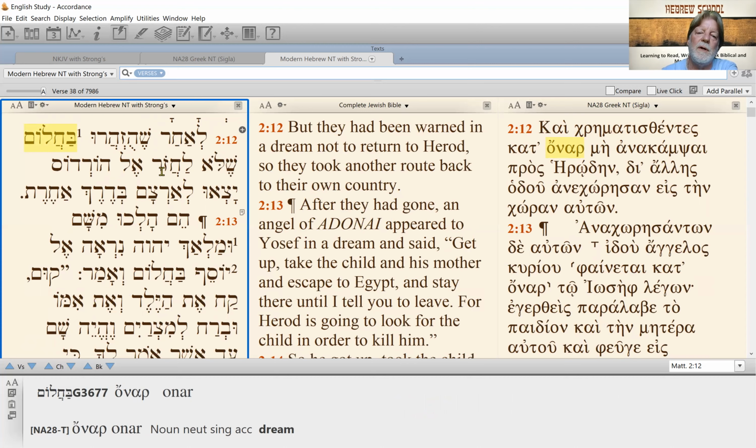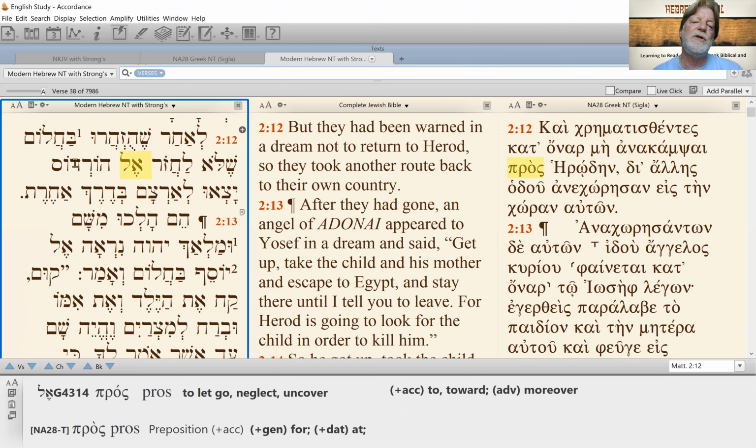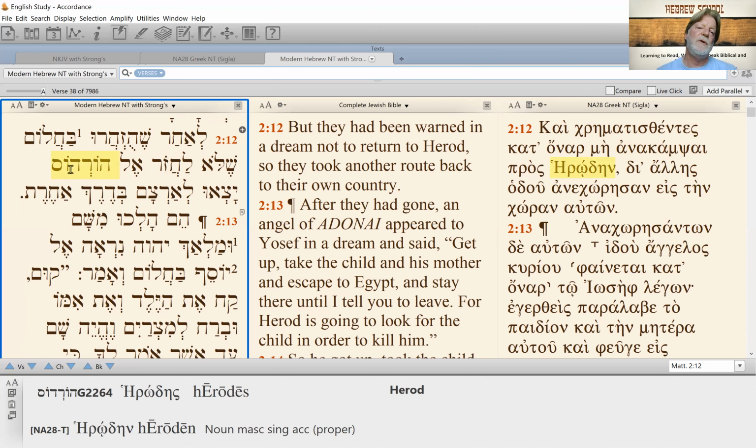So after they were warned in a dream, shalo, here we have a prepositional prefix, sheen, meaning that, not. They were warned in the dream that not. Lachazor, chazor is one of the Hebrew words that means return, so that they should not return to Holodos, to Herod.